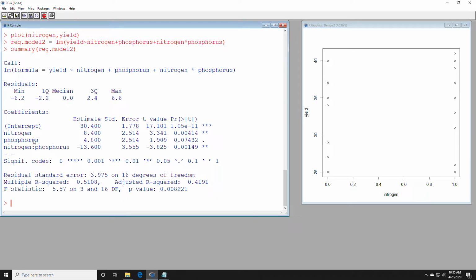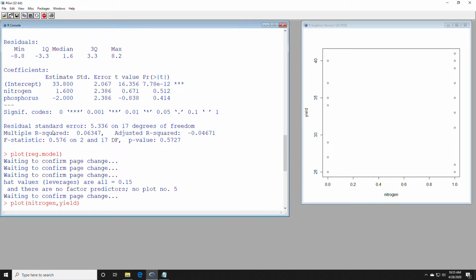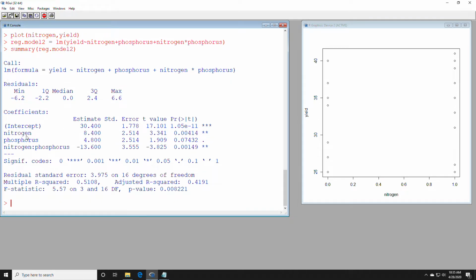Now look, we're still only using the nitrogen and phosphorus variables, but we now include the interaction term. Now we account for over 50% of the variability, whereas the first model accounted for 6%. So what this is saying is that phosphorus and nitrogen are interacting in a huge way to impact crop yield.